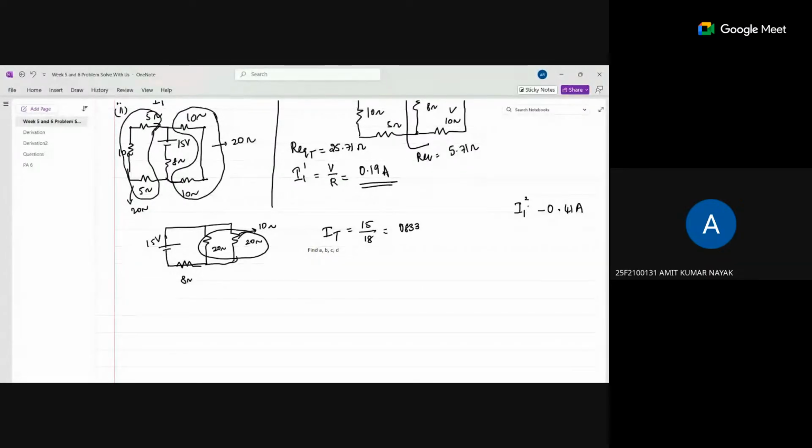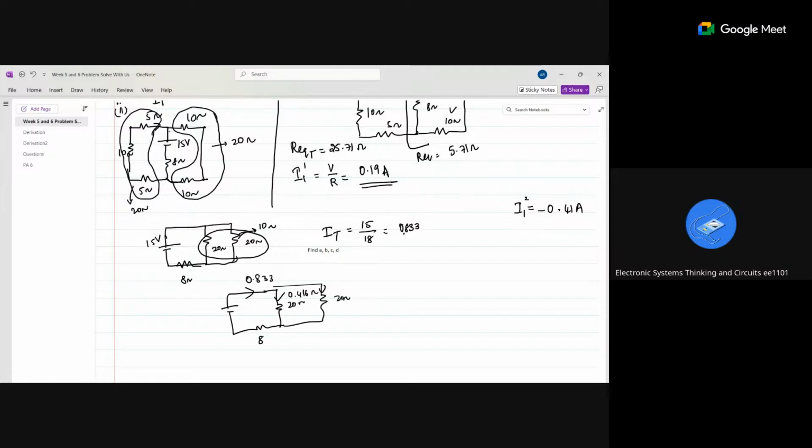Okay, wait to check. So basically, the current is 0.833 and there are 2 20 ohm branches, so the current through each will be divided by 2. So it will be 0.416 around. Yes, 0.41666666.